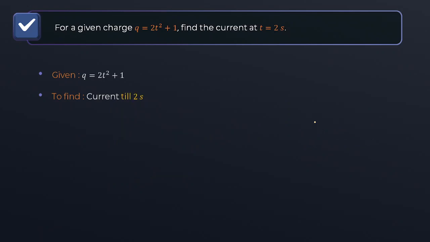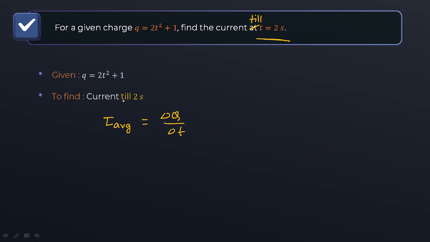Now, similarly, suppose I want to find the current not at t equals 2 seconds, but when current was flowing through the wire, so in 2 seconds, how much current has flown? That means they are asking for the average value. So when we write I average, that will be equal to delta Q by delta T, right?